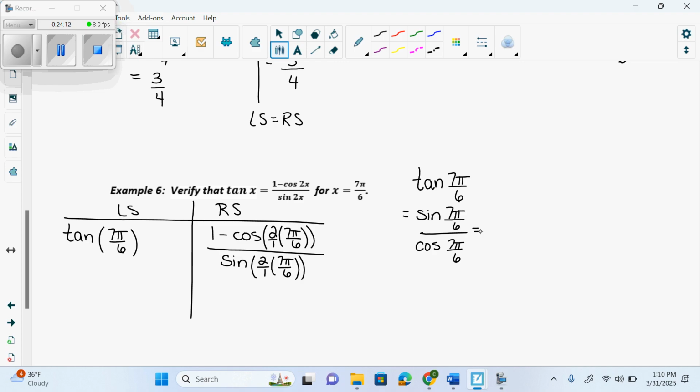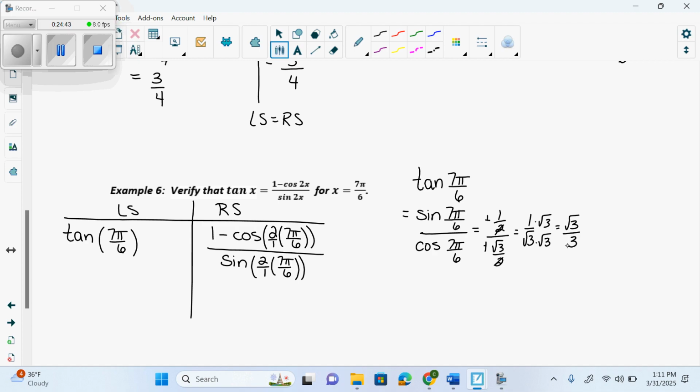What is sine of 7 pi over 6? Writing this down, everyone? Negative 1/2, and then cos, negative root 3 over 2. So we get 1 over root 3. Rationalize it. We get root 3 over 3.